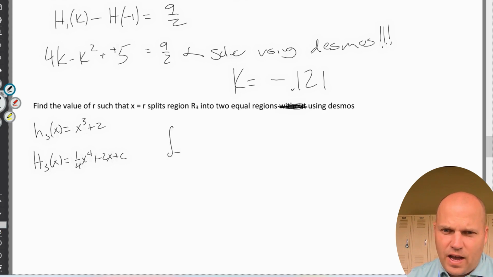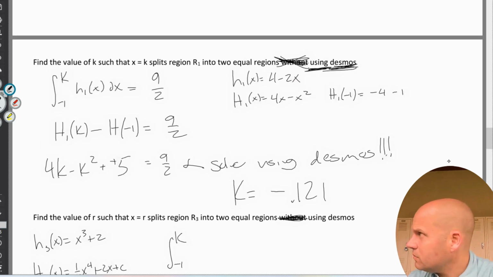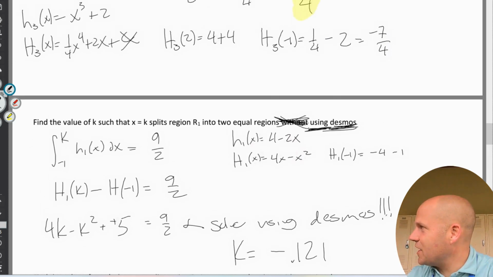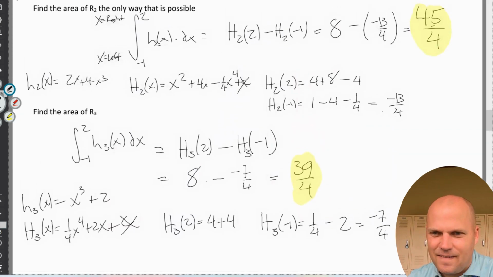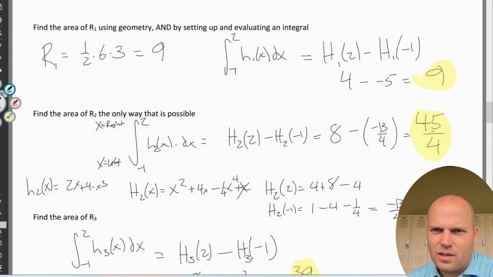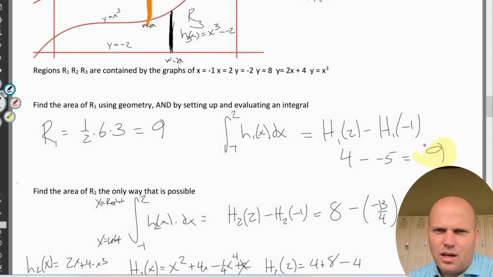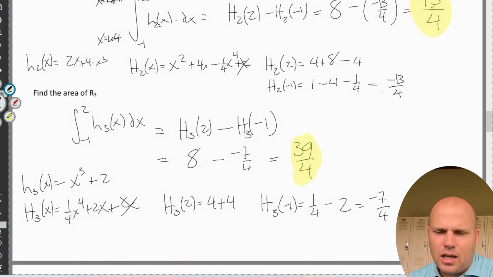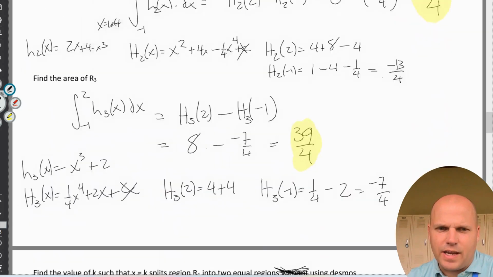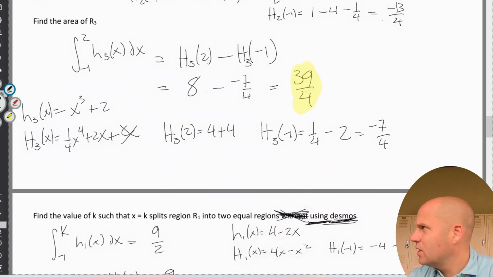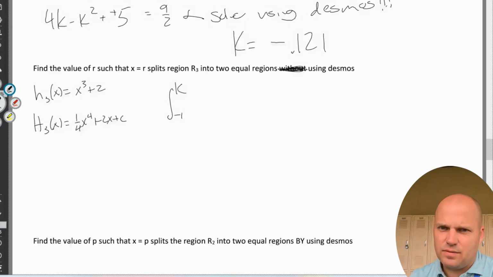We know that if I accumulate from -1 to k, we'll get half the area. That's 39/8.